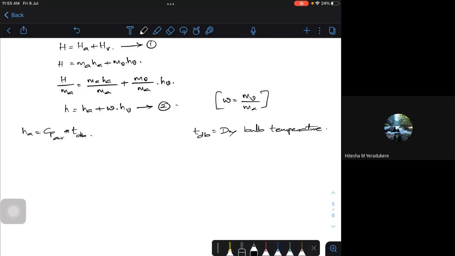It is the temperature measured by a freely suspended thermometer at any given condition.